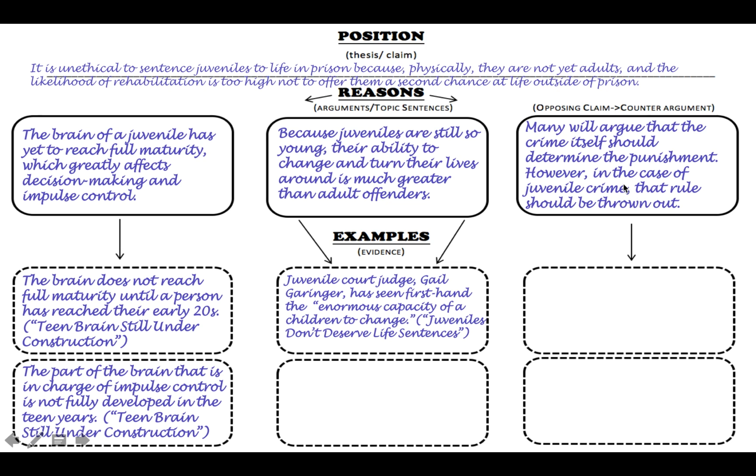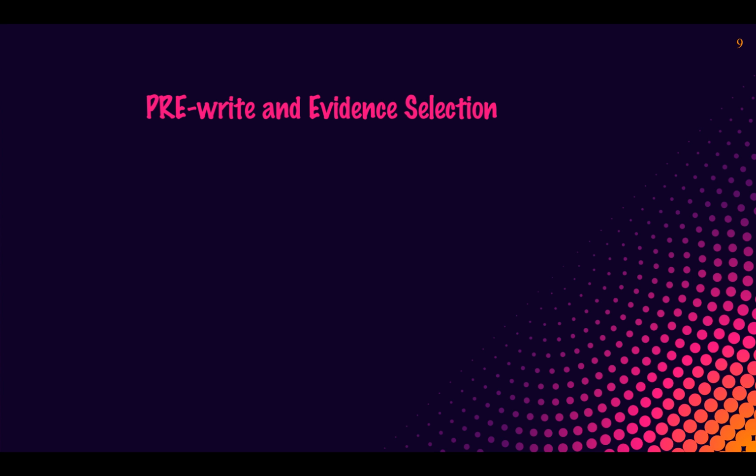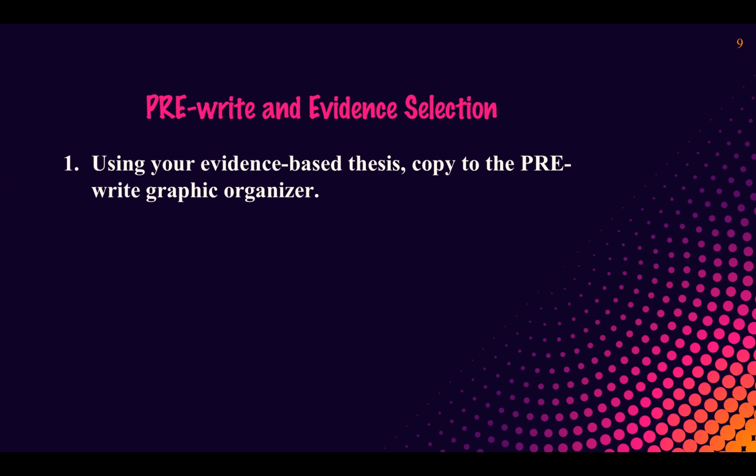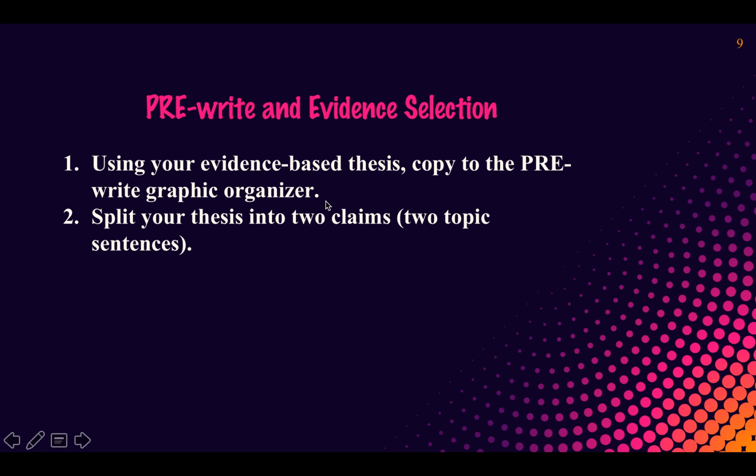Okay? So this is what I need you guys to do after going through the whole pre-write process. First, using your evidence-based thesis, resource number 3, you want to copy your thesis to the pre-write graphic organizer, just like I did at the top of the pre-write before.